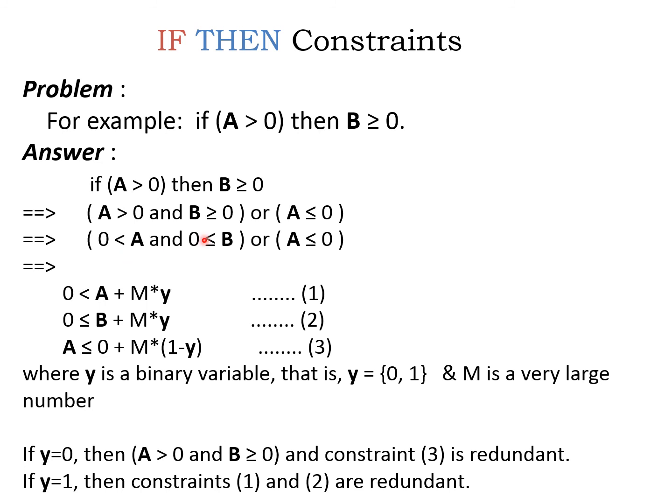So a is larger than 0 and b is larger than 0, or a is less than 0, which imposes nothing. We multiply one side of the either-or statement by M and the other by M times (1 minus y), and thus we have the two statements: 0 less than a, multiplied by M, and 0 less than b, multiplied by M. This is one side of the logical statement, while the other flip side is multiplied by M times (1 minus y).